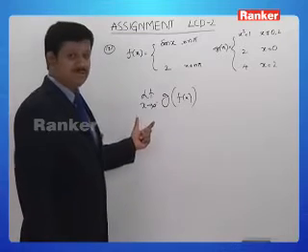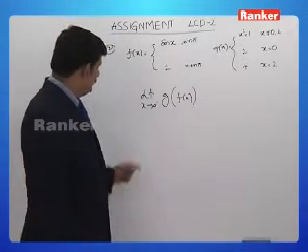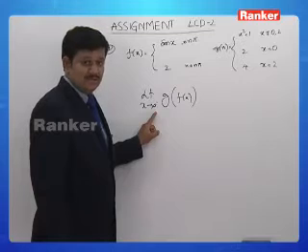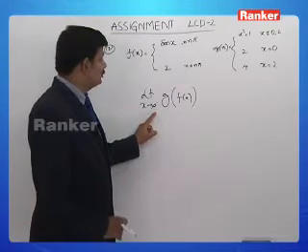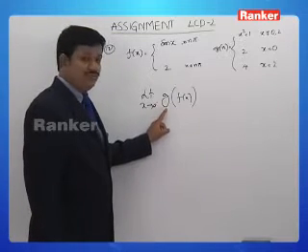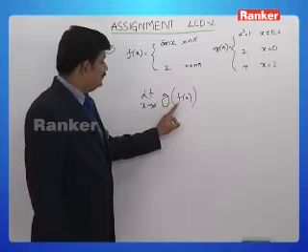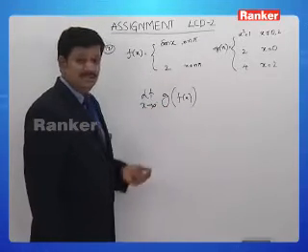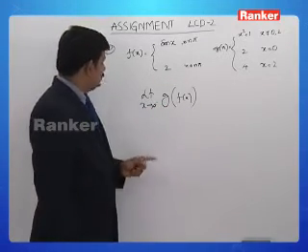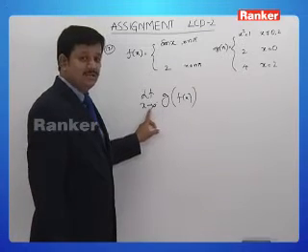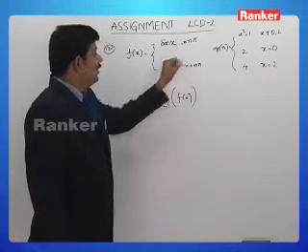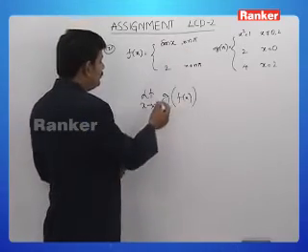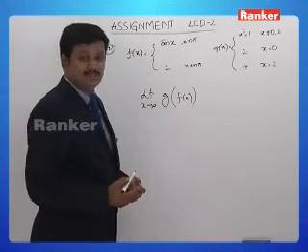Let us start by evaluating the left hand limit. As x tends to 0 minus, that is when x is slightly less than 0, we are asked to find the value of g of f of x. When x is slightly less than 0, x will not be an integral multiple of pi. x will be an integral multiple of pi only when x is exactly 0.